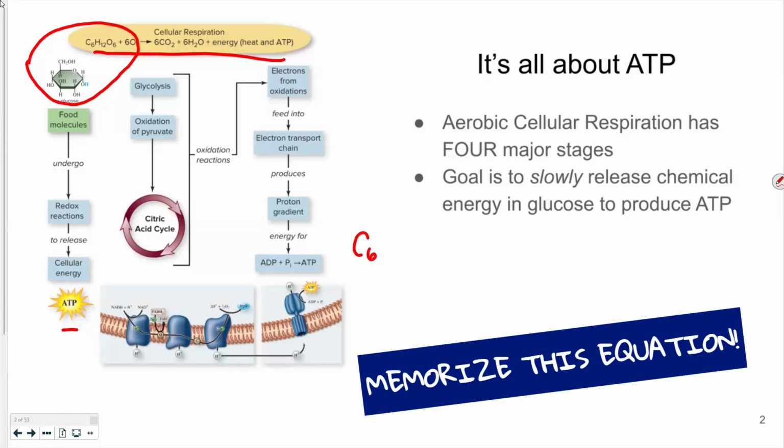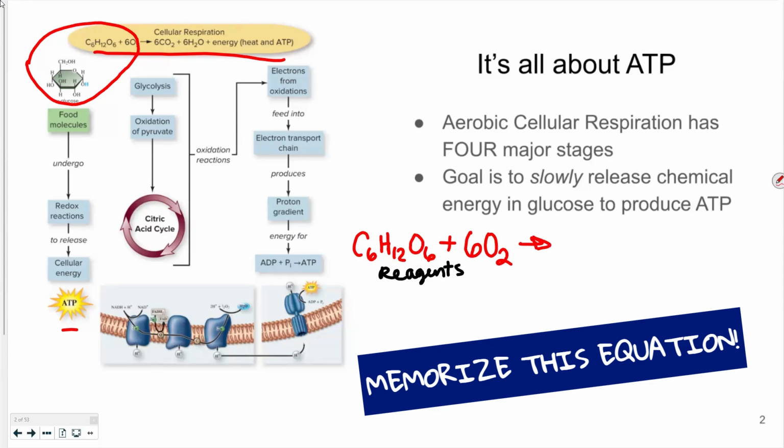We're going to start with our glucose molecule, 6 carbons, 12 hydrogens, and 6 oxygens. So that's our one glucose molecule. We also need to have 6 oxygen. These are our reagents, or our reactants.